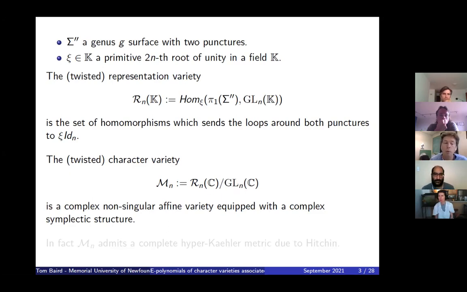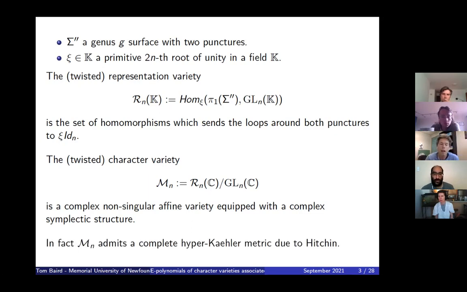And it comes equipped with a symplectic structure, which is a holomorphic symplectic structure. So not a Kähler structure, but a holomorphic one. So that will be one of our objects of study. And in fact, this twisted character variety admits a complete hyperkähler metric by work of Hitchin.